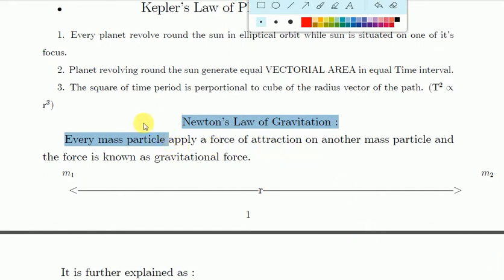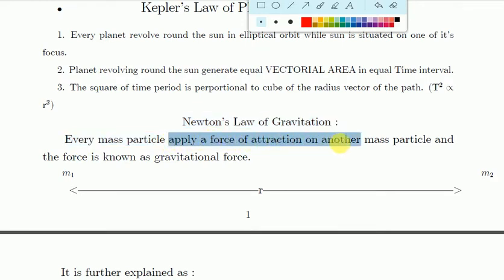What is said? Every mass particle applies a force of attraction on another mass particle, and the force is known as gravitational force. Here I have taken one mass m1, another mass m2, and the distance between them is r.